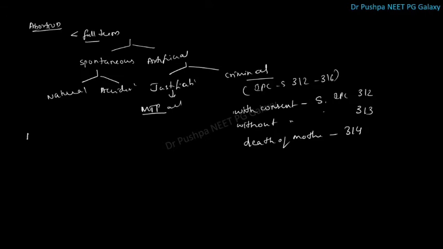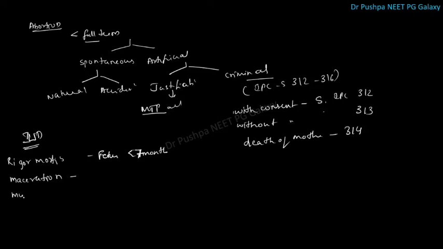There is something called as intrauterine death. So death of the baby in utero, that is death of the fetus. So rigor mortis is absent in fetus below 7 months. Below 7 months of age, rigor mortis is absent. And we can see maceration of the fetus, that is aseptic autolysis.